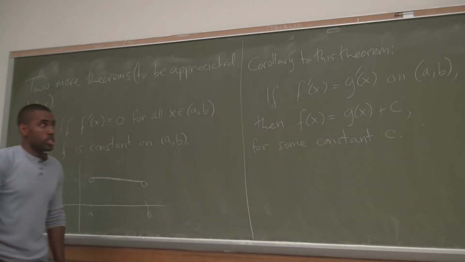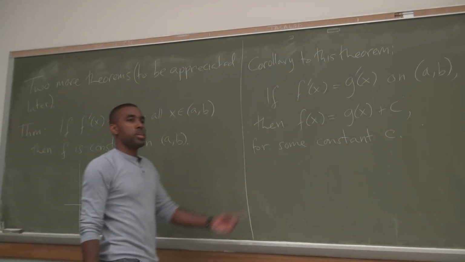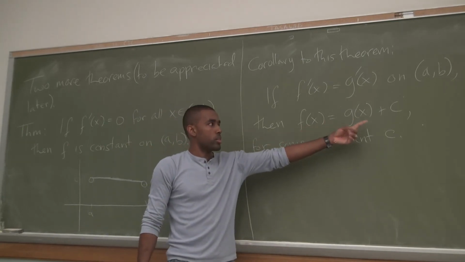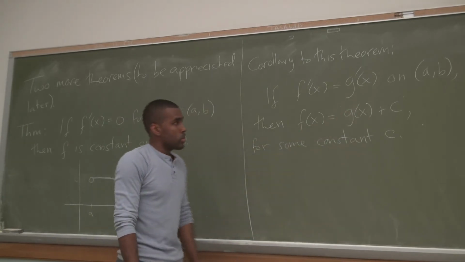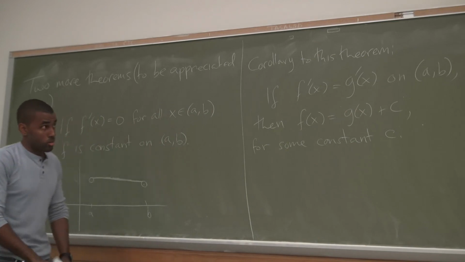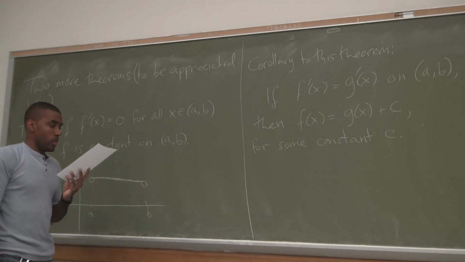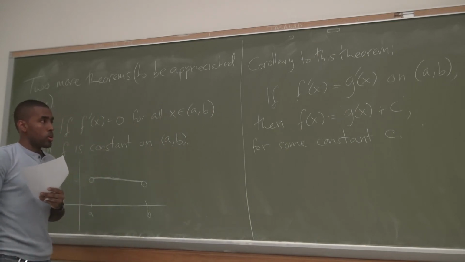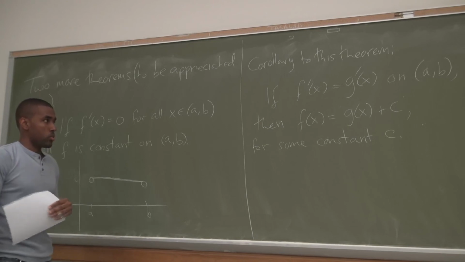Basically, if you have two functions that have the same derivative, it doesn't mean they're the same. It just means one is different. They differ by a constant. And we're going to use that to our advantage as well.